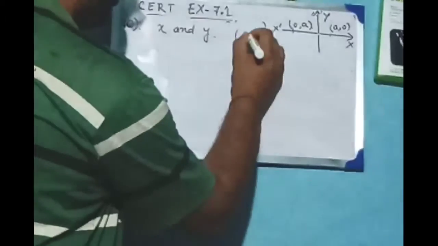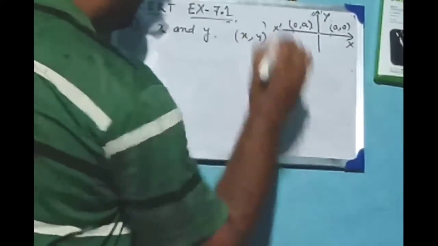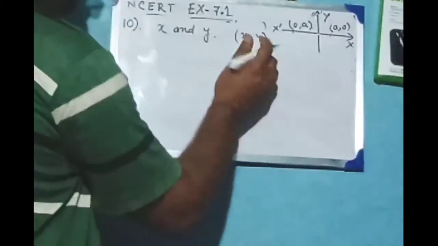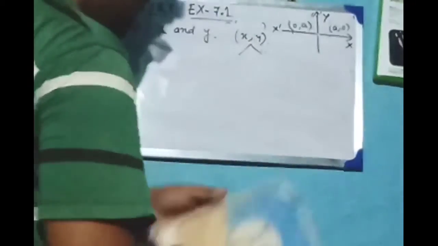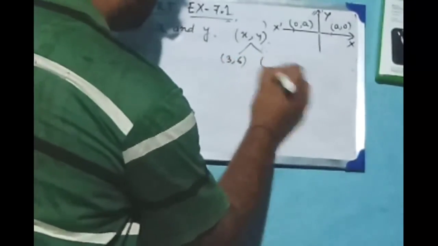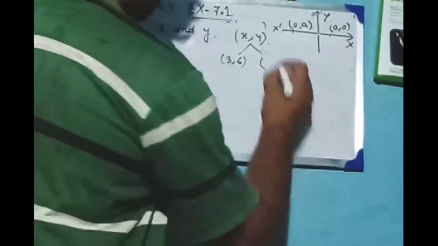Find the relation between x and y such that the point (x, y) is equidistant from the points (3, 6) and (minus 3, 4).